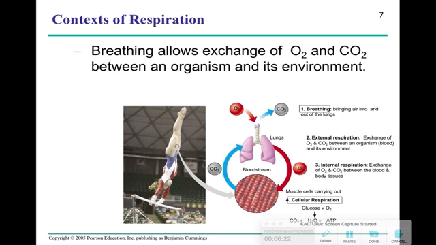Internal respiration is when oxygen and carbon dioxide go between the blood and the tissue, so tissues are taking in. Whereas cellular respiration is even more deeply internal. It is inside the cell.